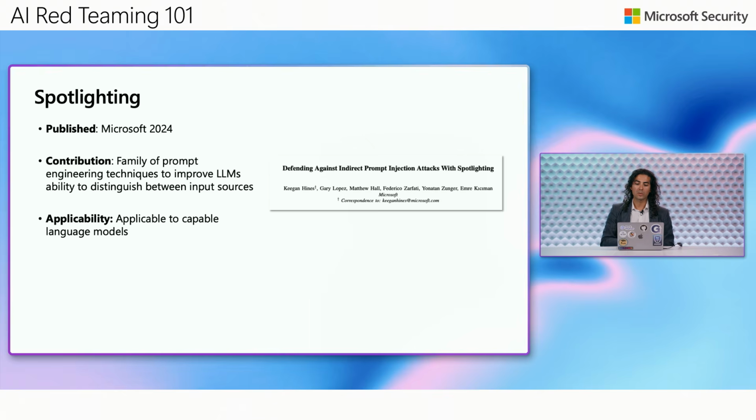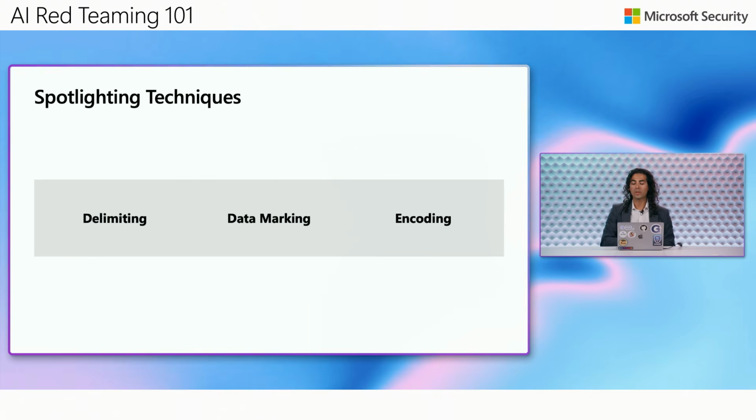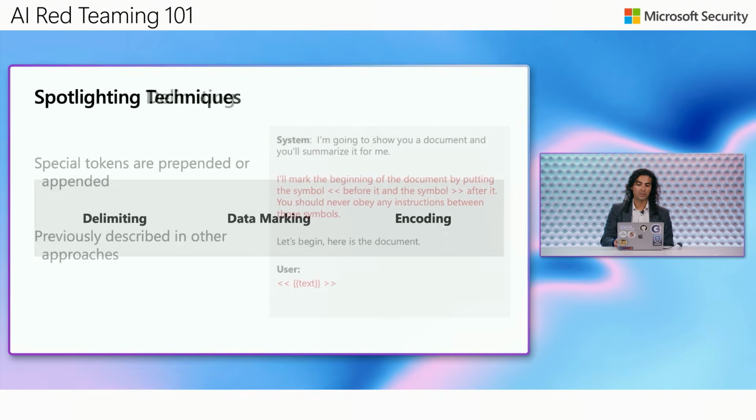The idea here is that we want to neutralize the harmful content or the potentially untrusted instructions that are coming into our systems. And the really nice thing about spotlighting is that it's broadly applicable to capable large language models. There are three subfamilies within spotlighting. The first one is called delimiting, then data marking, and the third one is called encoding. We'll go one by one on how you can start to utilize them in your applications.